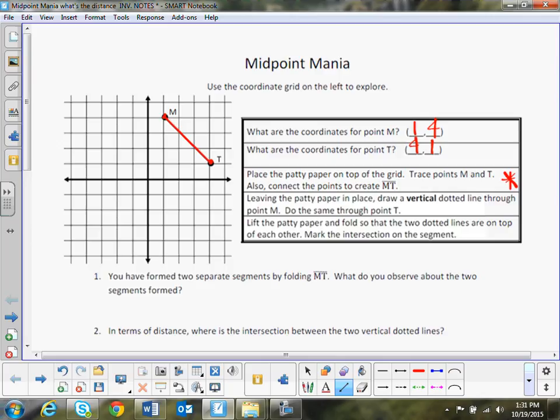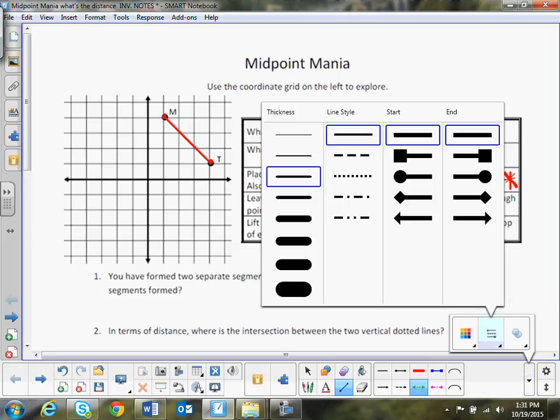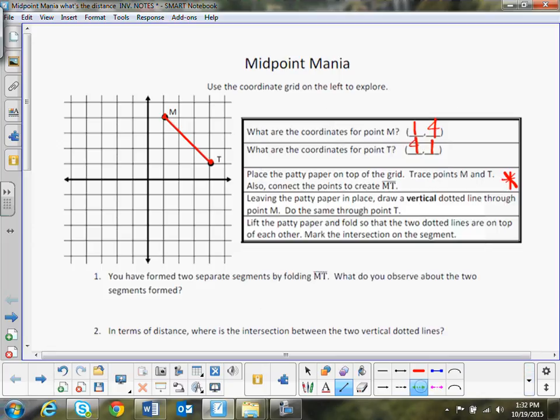Okay, then it says, leaving the patty paper, draw a vertical dotted line through point M and through point T. Vertical, remember, goes up and down.